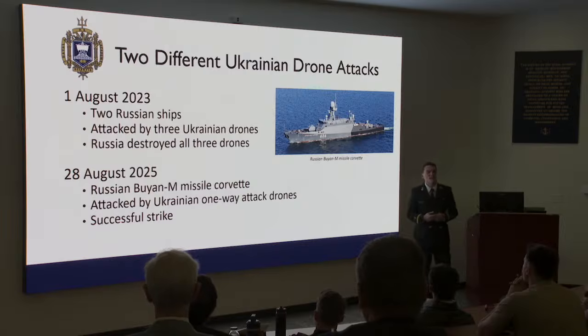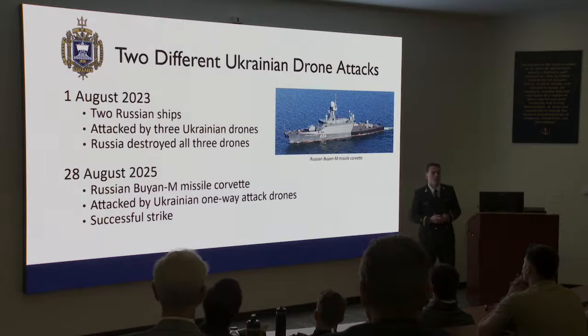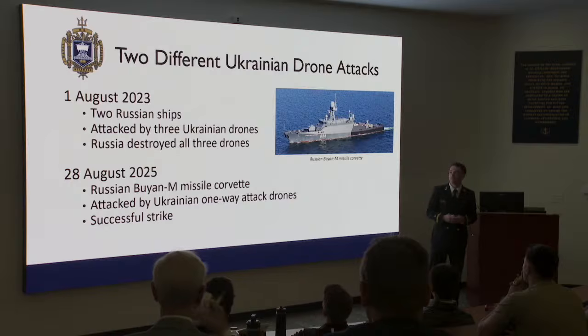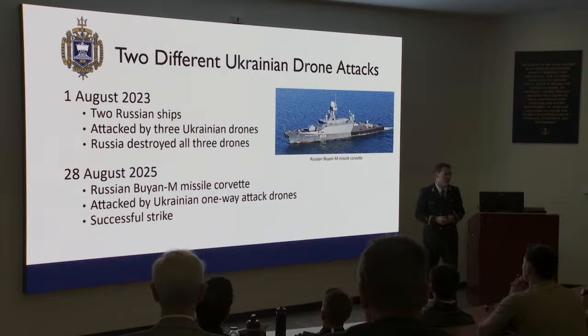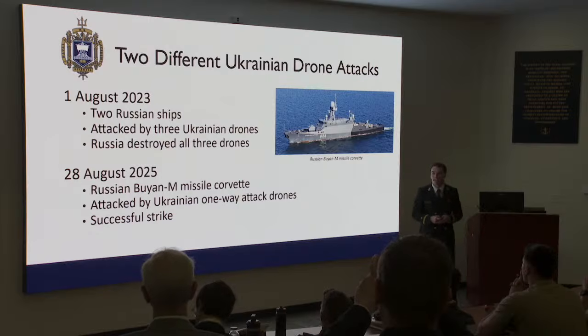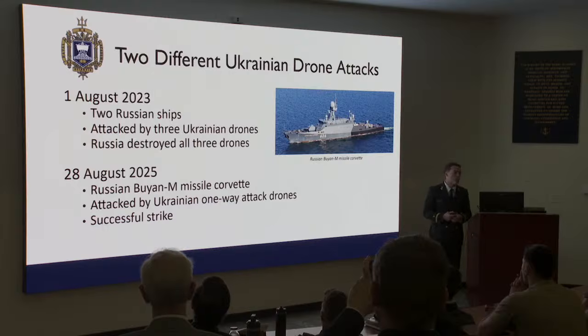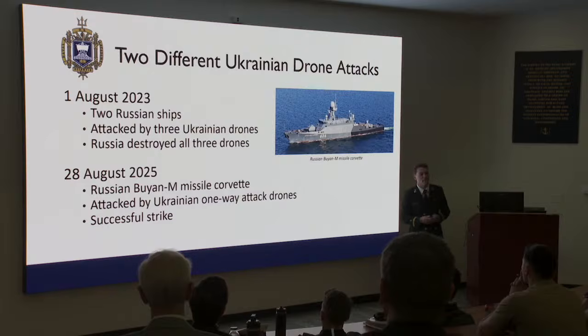In this attack, Russia used their self-defense systems on board their ships to destroy all 3 of these drones. Now, jumping ahead 2 years to August 28, 2025, a Russian missile corvette was transiting through the Sea of Azov when it was attacked by Ukrainian one-way attack systems. In this attack, the Ukrainians were successful and were able to damage the Russian missile corvette.